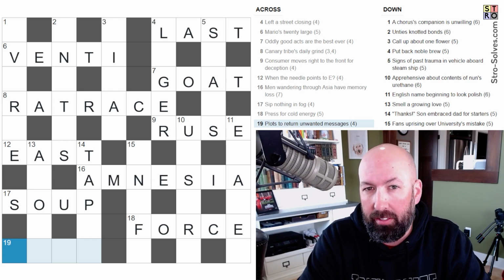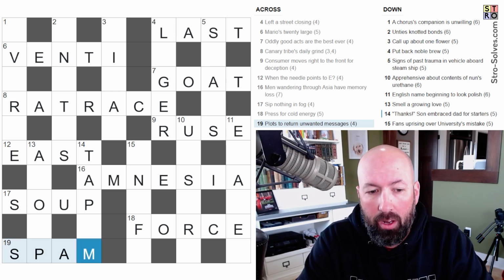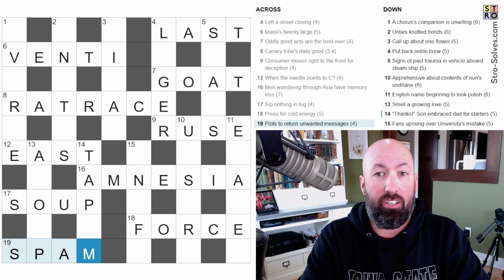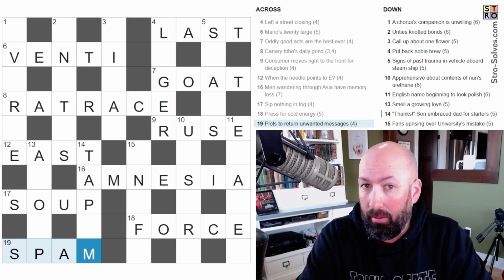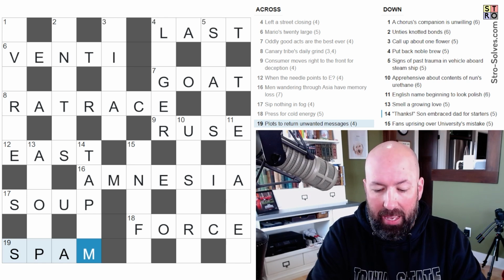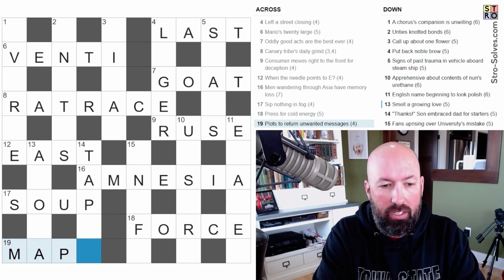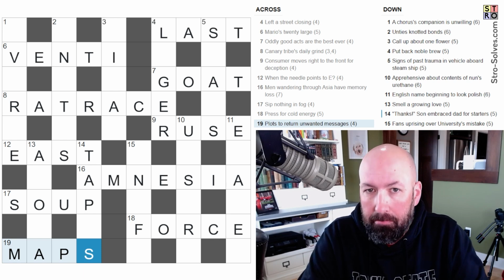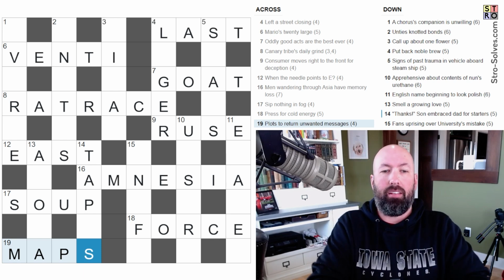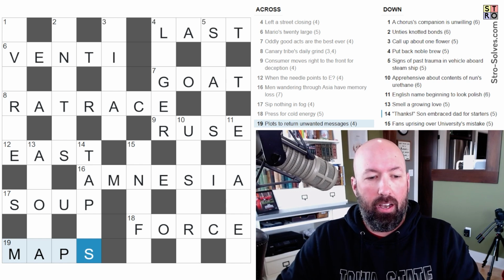If you get an unwanted message, you get spam, right? In fact, you have a spam folder in your email, probably. If you return spam, meaning you go backwards, you are going to get maps. And maps are plots. That's a synonym for maps. So there we go.